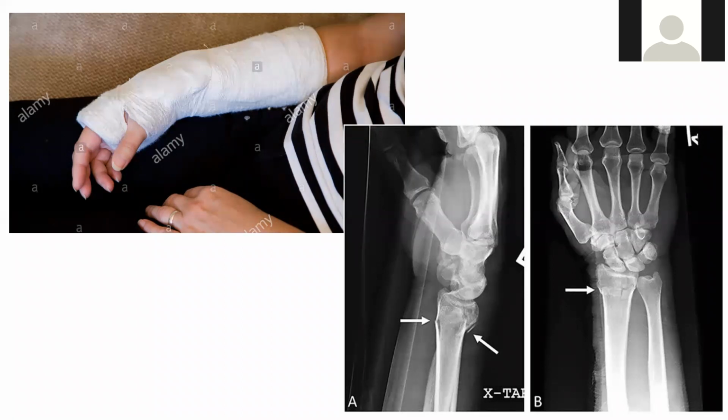For example, in the case of carpal tunnel, what is the area that people feel numb? You commonly ask that question from patients. The median three and a half fingers, palm aspect. So that's what we say on the palm side.